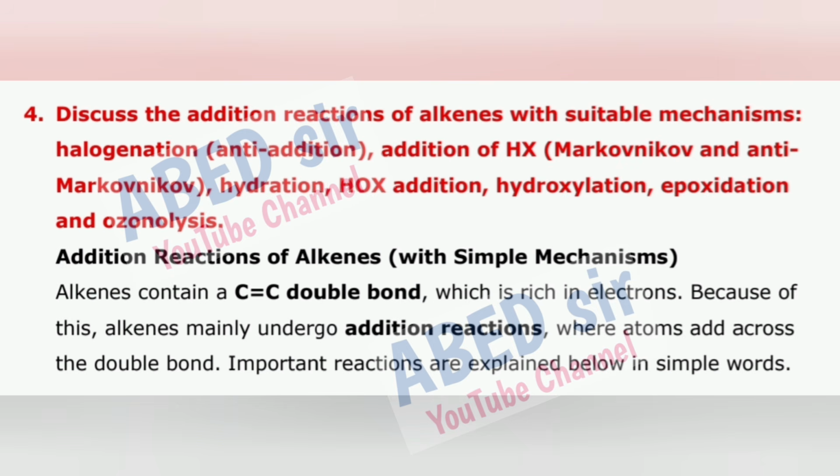Addition reactions of alkenes with simple mechanisms. Alkenes contain a C=C double bond, which is rich in electrons. Because of this, alkenes mainly undergo addition reactions, where atoms add across the double bond.